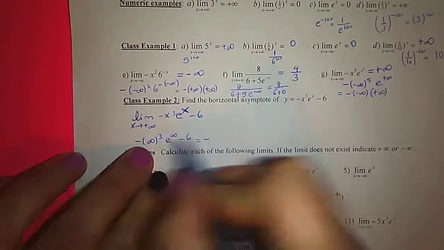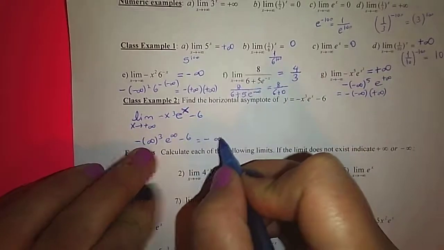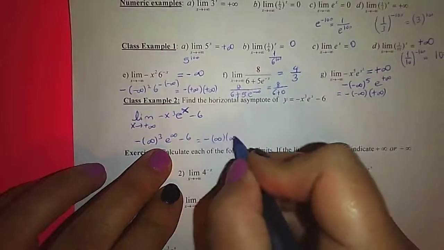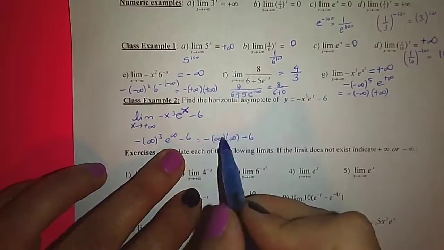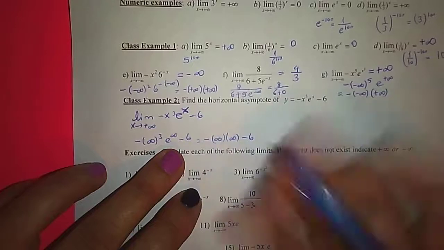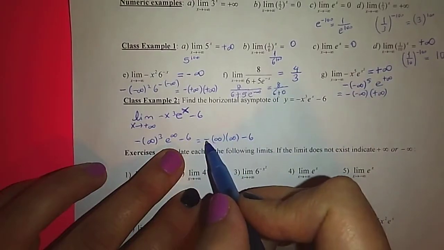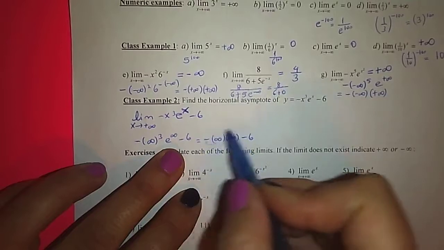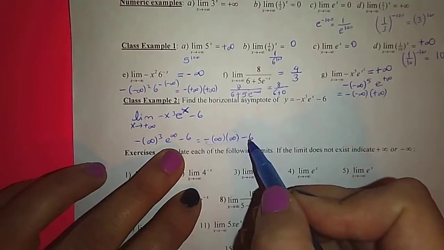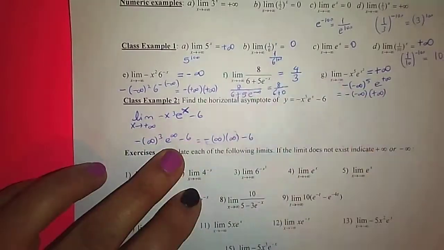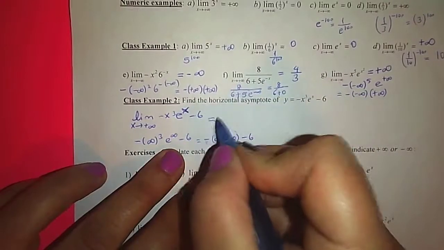So infinity cubed is still infinity. E to the power of infinity again is a very big number, and you get minus 6. So infinity times infinity is still infinity, times the negative sign, that will give you negative infinity. And when you're subtracting 6 from a very big number, you still get that big number. So you end up with negative infinity.